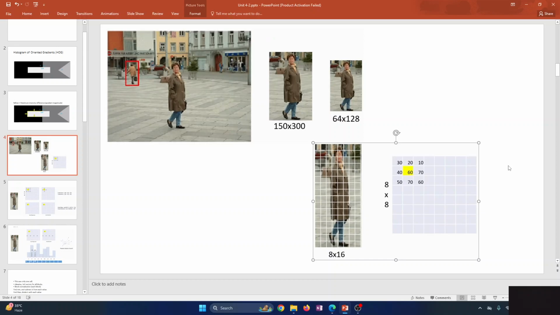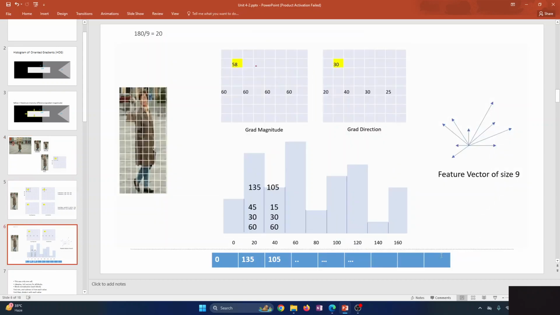This is one block, so there will be all different cells, and there will be one feature vector for one block. So there will be multiple feature vectors. For example, this is a 1 by 9 matrix, so there will be multiple 1 by 9 vectors for each block.